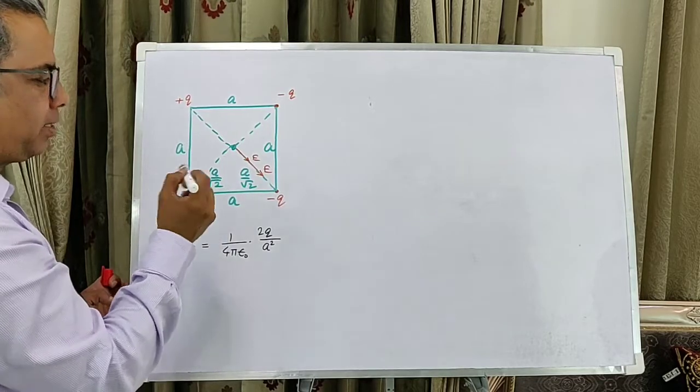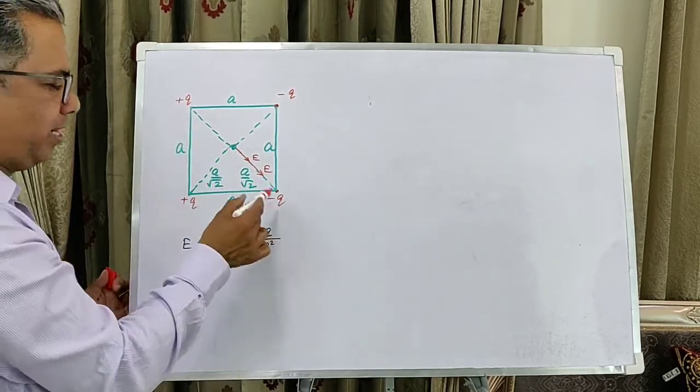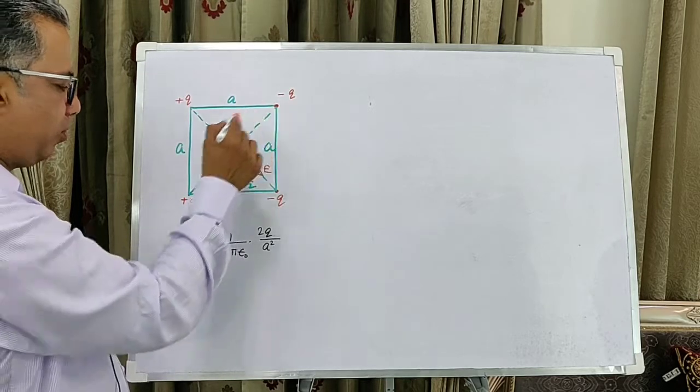Then think of this plus Q. We've considered the fields due to these two already. Let's talk about this one and this one.